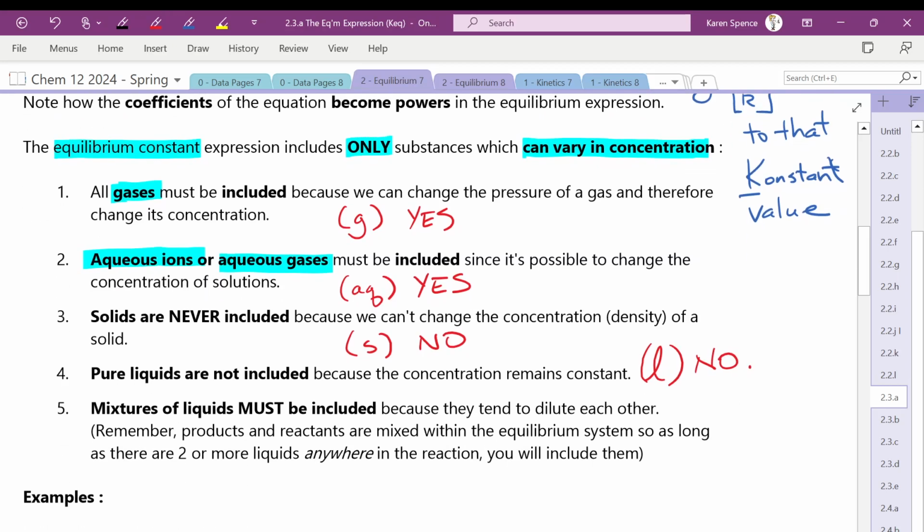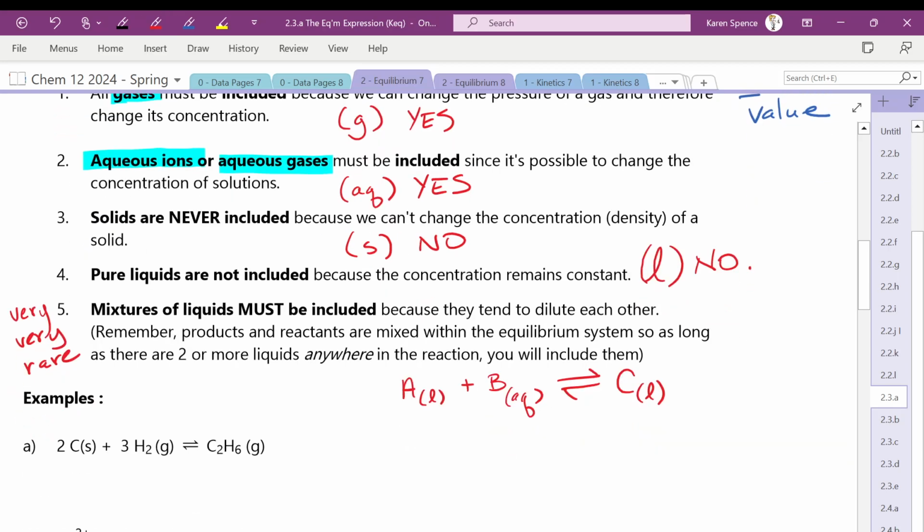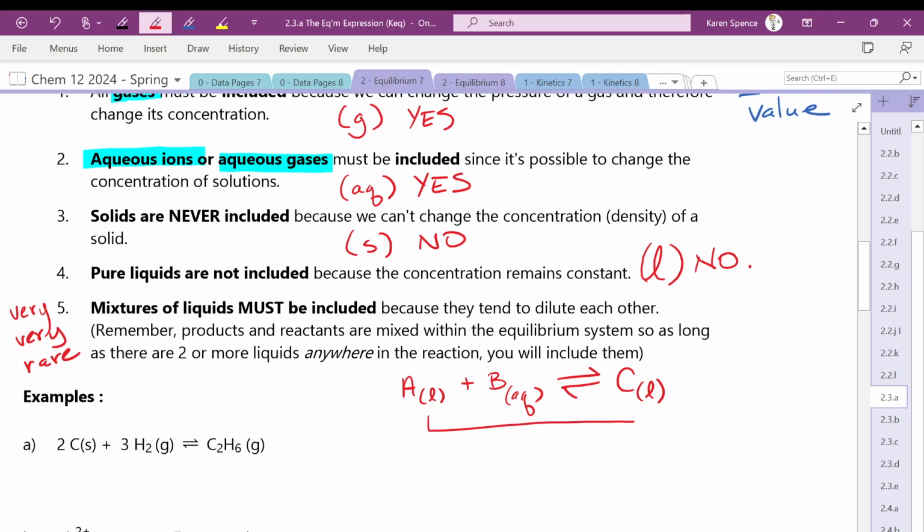Now, number 5 is very rare. Very, very rare. Other than on this worksheet, you will probably not see this. But if you have A, which is a liquid, plus B, which is, I don't know, aqueous, in equilibrium with C, which is a liquid, you have 2 different liquids.